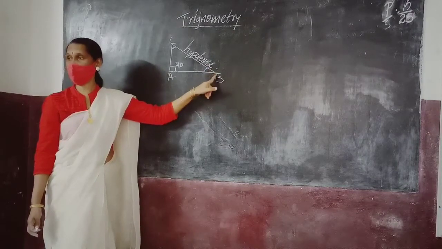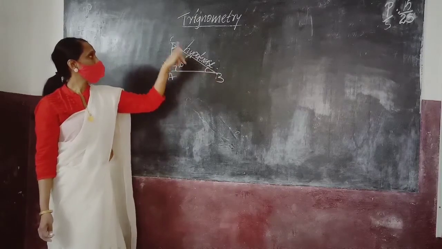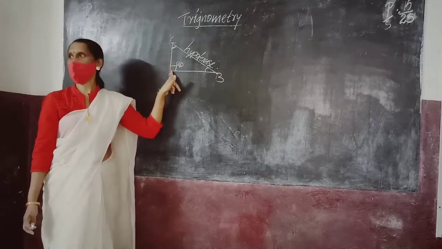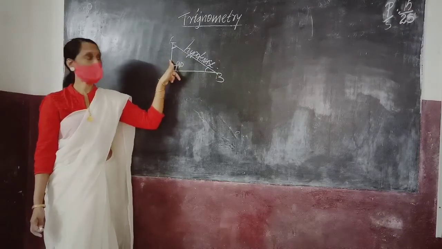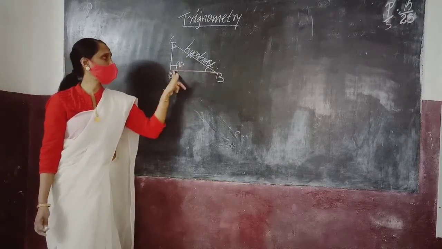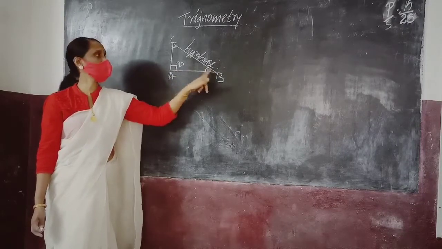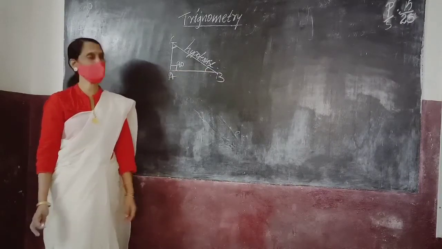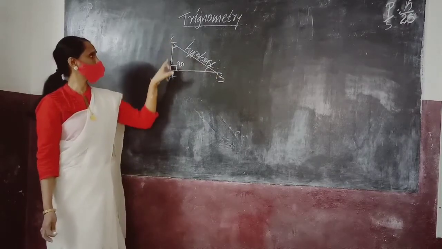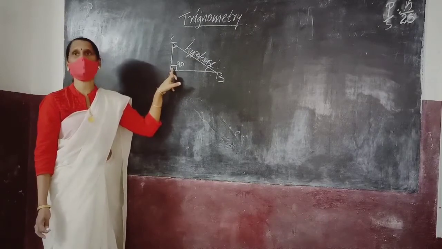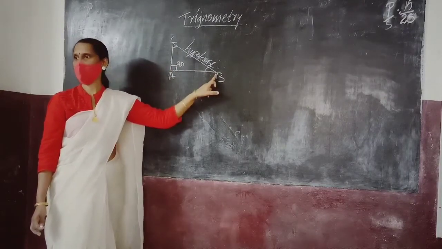With respect to the acute angle B, AC is its opposite side, and AB or BA is its adjacent side. With respect to angle B, side AC is the opposite side and side AB is the adjacent side.